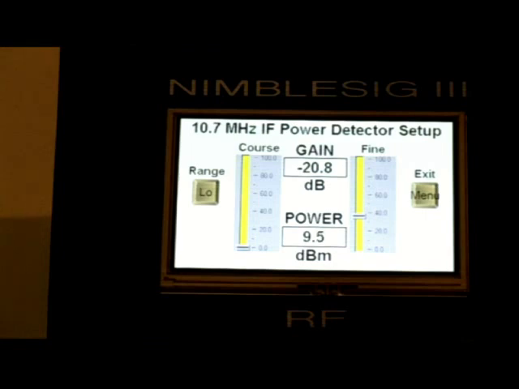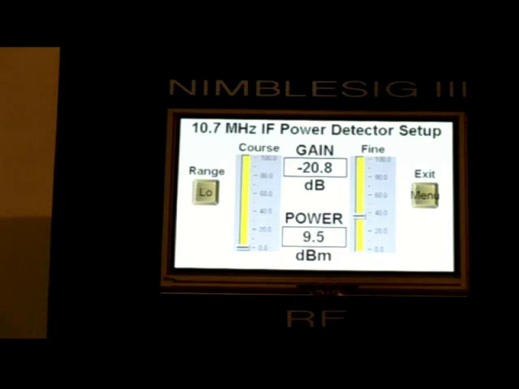I'm doing all this to demonstrate the flexibility of this instrument, because what we've done here is we've taken a 100 megahertz signal, put some gain in front of it, and shifted it to 10.7 megahertz, and then put it into a narrowband detector to detect the signal strength, with adjustable gains in 2 different areas.